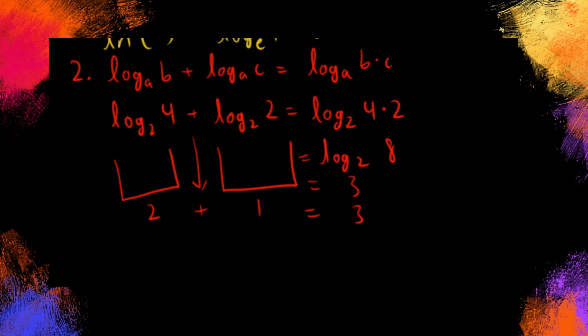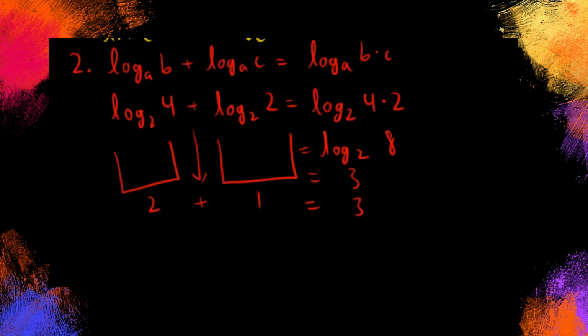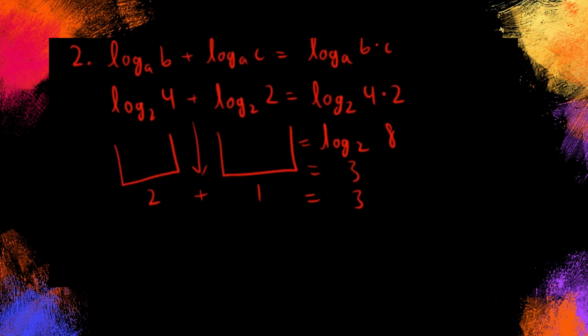And we can actually derive this rule using simple exponent rules. Let's very quickly do that, to demonstrate how this rule really works. Suppose we were to raise a to the power of both sides of this equation, and we need to do it to both sides so that it remains an equation.